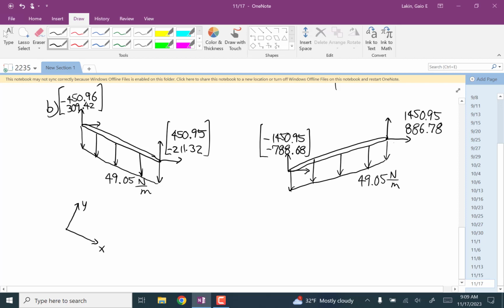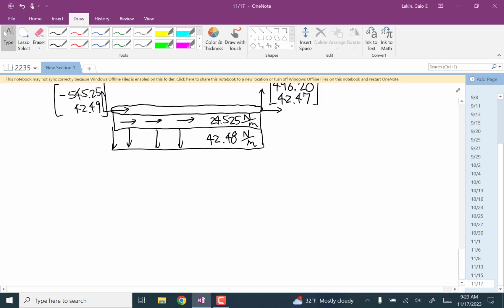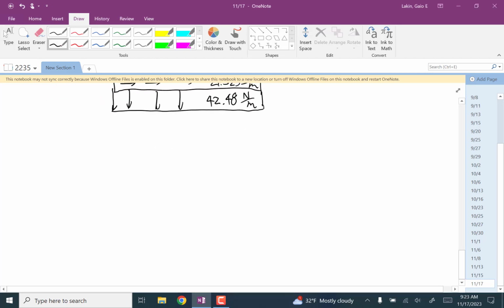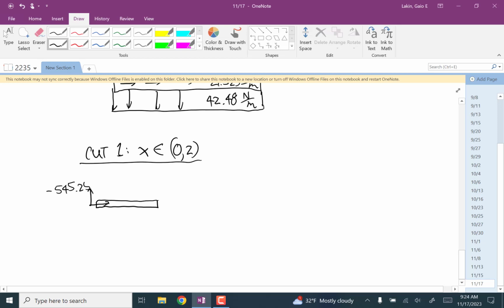So take a second and see if you can. Okay, so there's just a single cut. This is for all x's between 0 and 2. We have a force on the left of negative 545.25, 42.49.